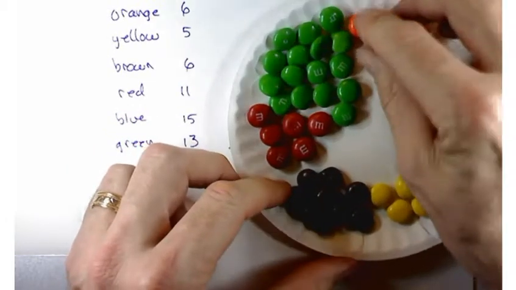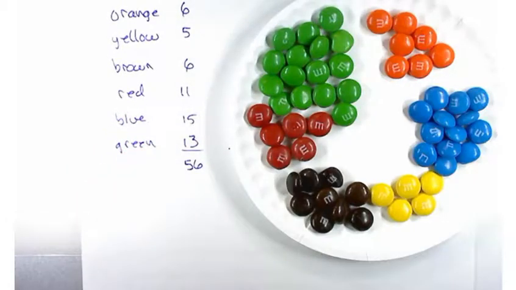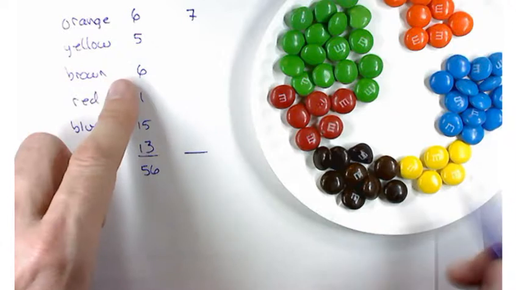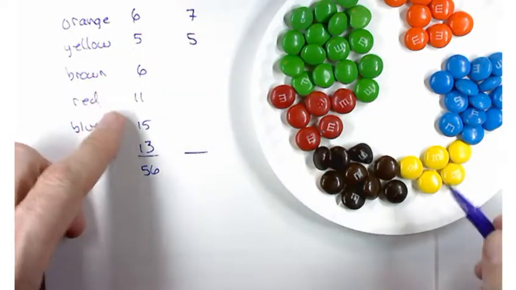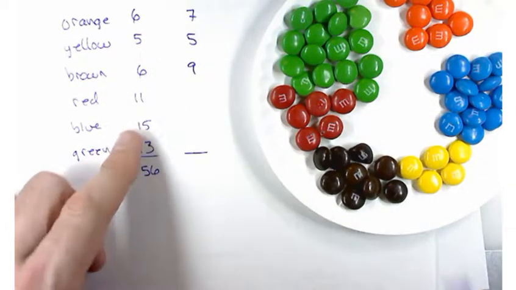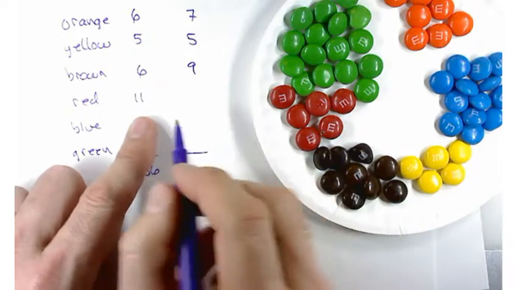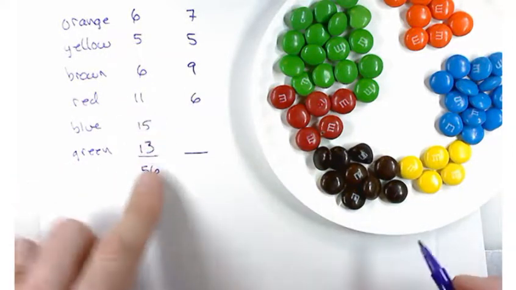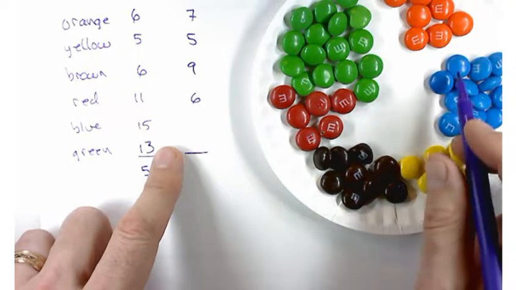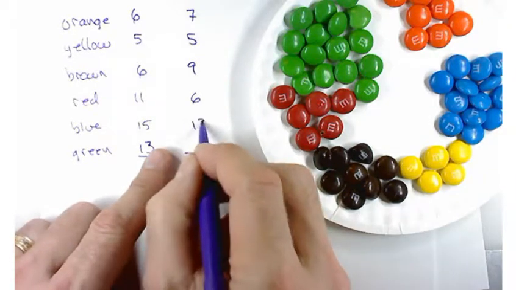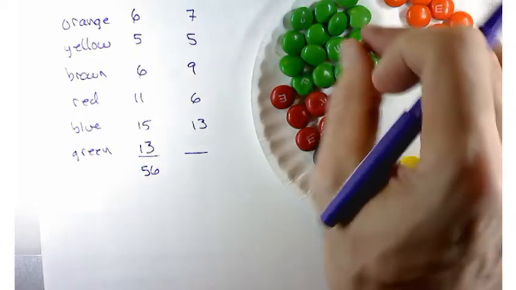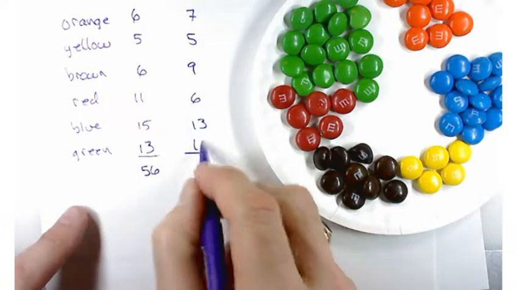So orange, we got 7 orange ones. 7 orange, 5 yellow, 9 brown, 6 red, 13 blue, and 16 green.